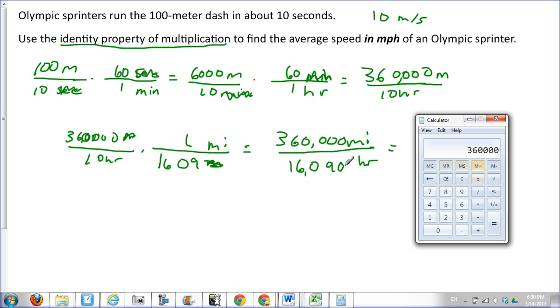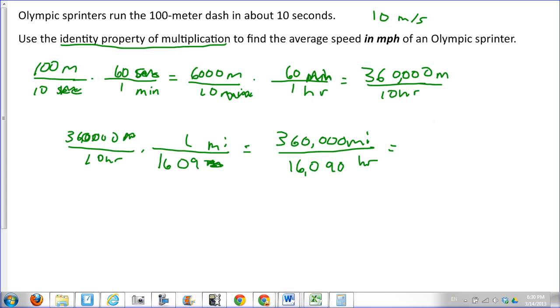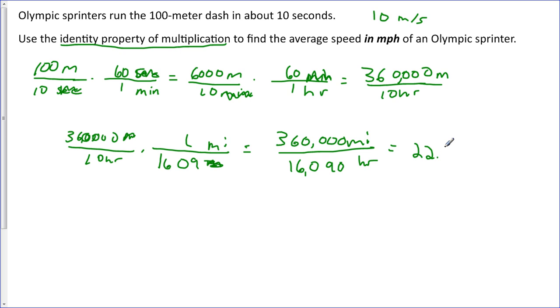I could leave off a 0 on both in the numerator and the denominator, but divided by 16,090. About 22.4 if I round to the nearest tenth, which the problem asks. 22.4 miles per hour, which we also usually write as mph.